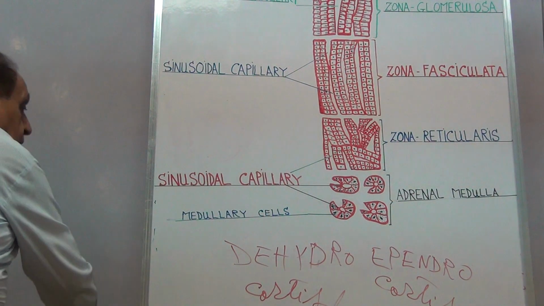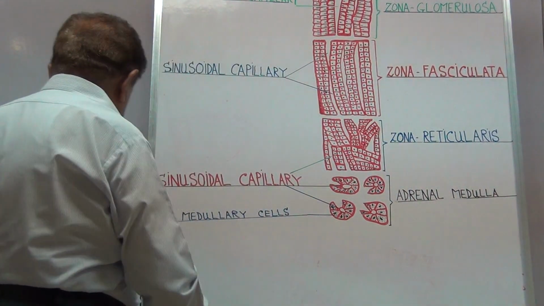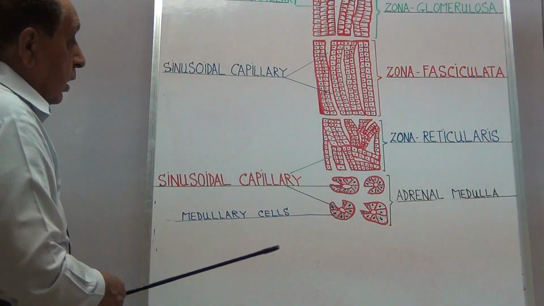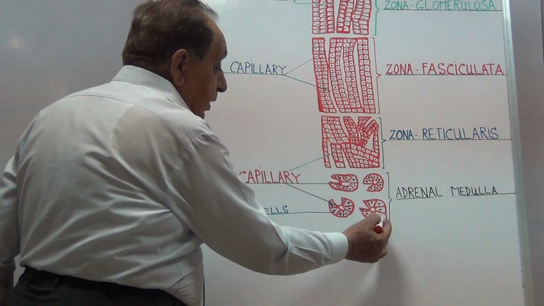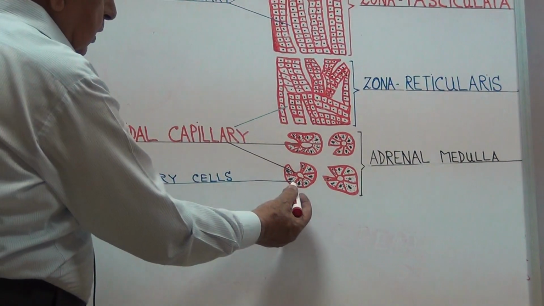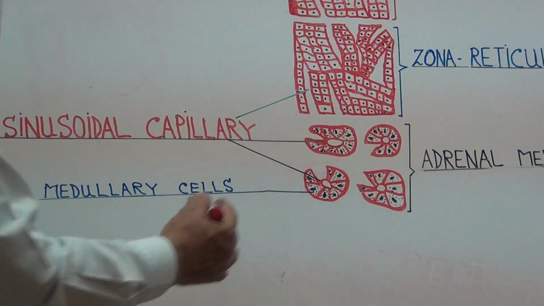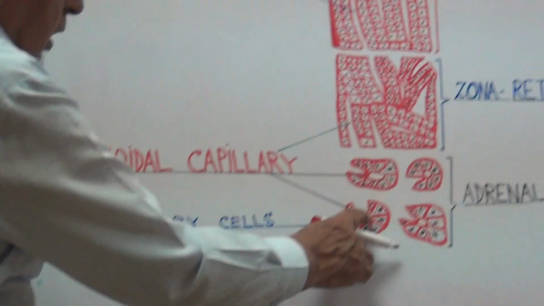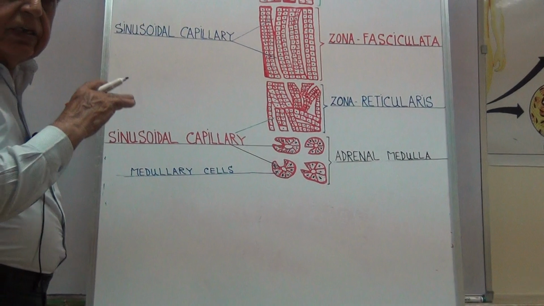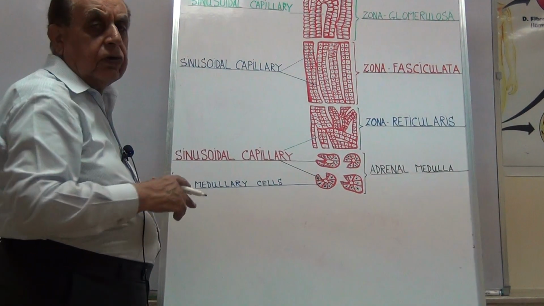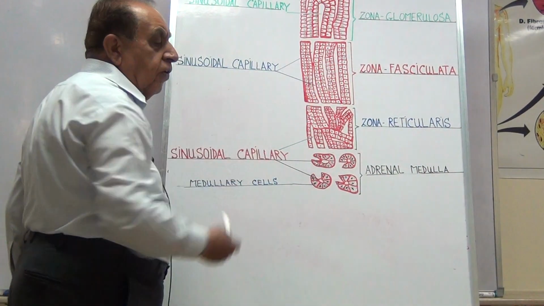Now this adrenal medulla contains cells called the medullary cells, and these medullary cells surround the sinusoidal capillary. So the capillary is in the center and cords are surrounding it, while in the remaining part the capillaries were on the side of the cords.